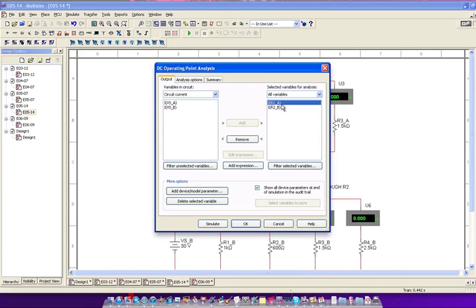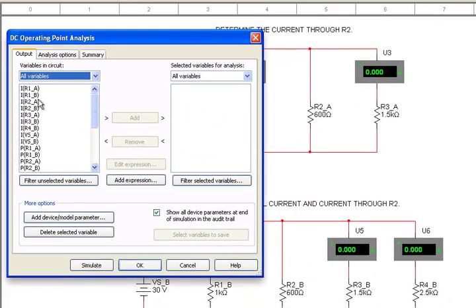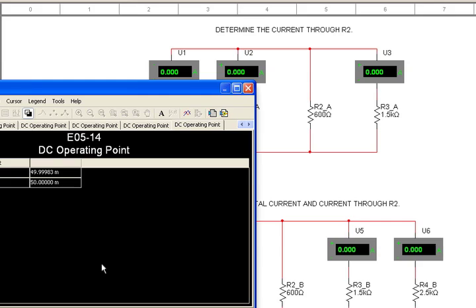Here we're going to specify the variables in the circuit that we want to measure. So let's see all the variables here. I want the current at R2A and the current at R2B. Okay, simulate.